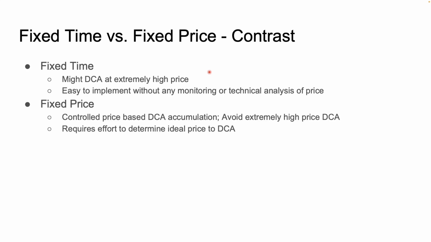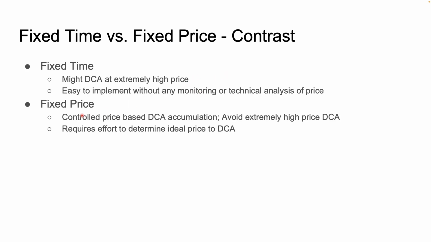The advantage of a fixed time is that it's easy to implement and you will not require much monitoring or any technical analysis knowledge of price in order to implement a fixed time based DCA. That's why the fixed time based DCA is the most popular investing approach that most people will use on a monthly or weekly basis to accumulate an asset.